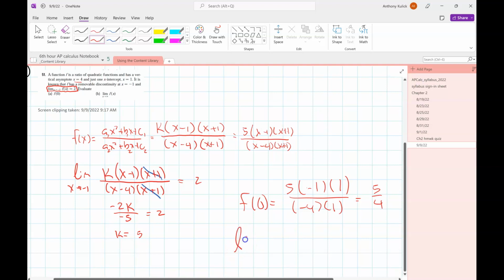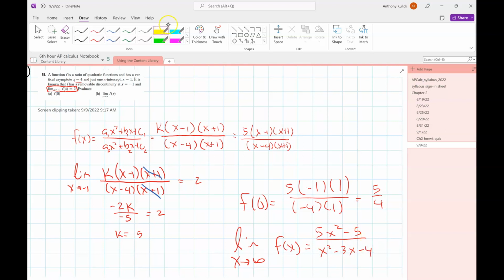And then it says the limit as x approaches infinity of f of x. So here, I know that this is like 5x squared minus 5 over x squared minus 3x minus 4.